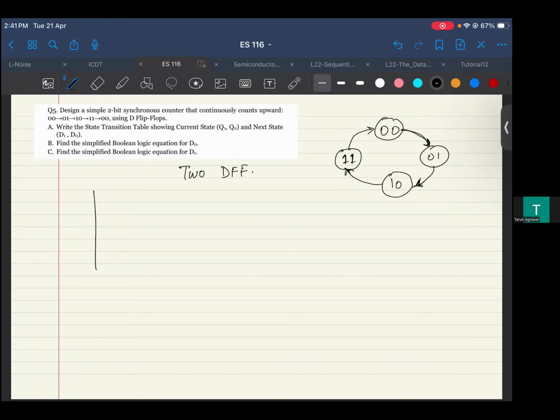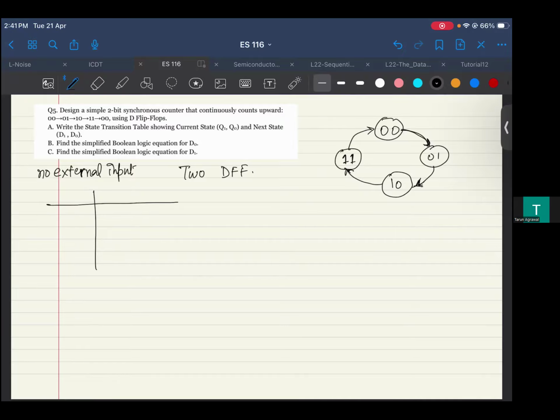There's no external input, right? When I say external input, I mean an input on top of the present states.